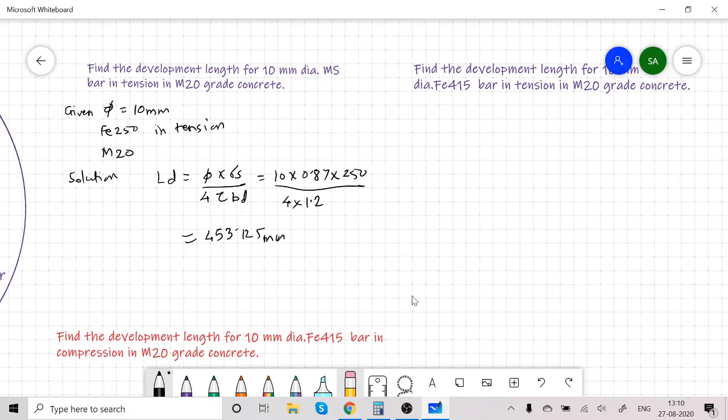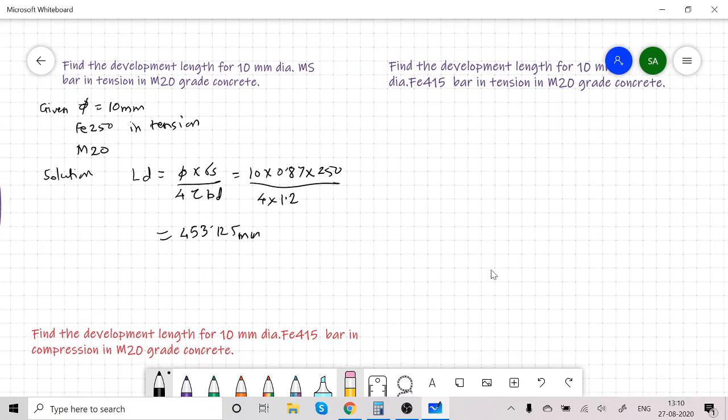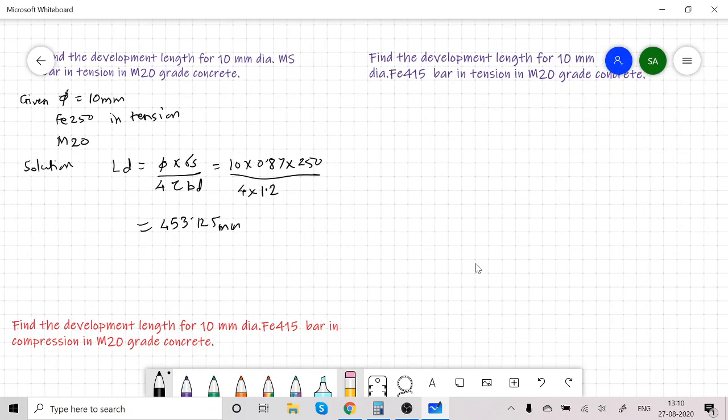Now let us consider the second problem. Find the development length for a 10 mm bar. Again, given: diameter of the bar is 10 mm, Fe415, so it is tor steel, bar in tension, M20 grade concrete.